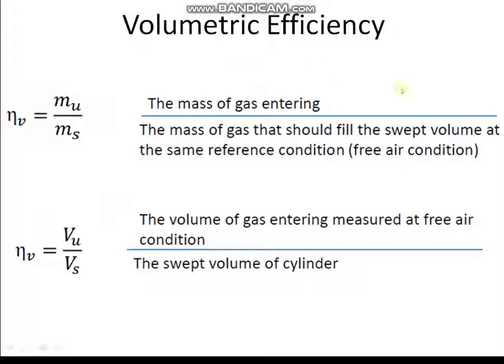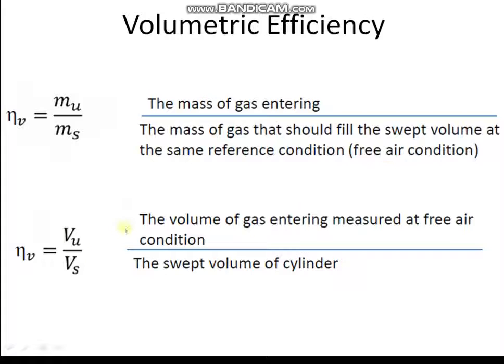Now the volumetric efficiency. Volumetric efficiency is the ratio of mu upon ms. Mu is the mass of air entering, and ms is the mass of air that should fill the swept volume at the same reference condition, the free air condition.